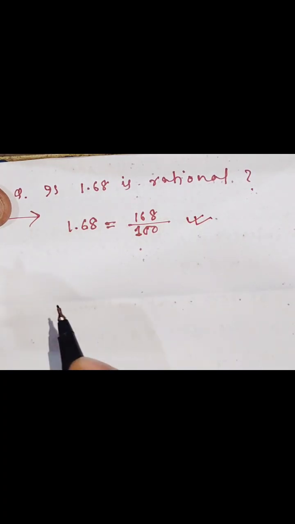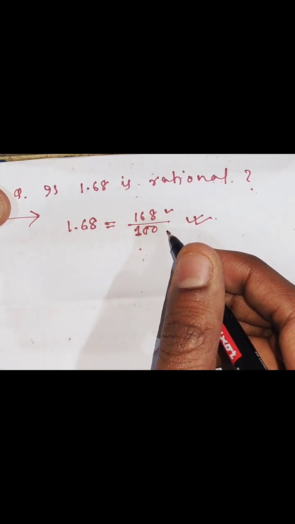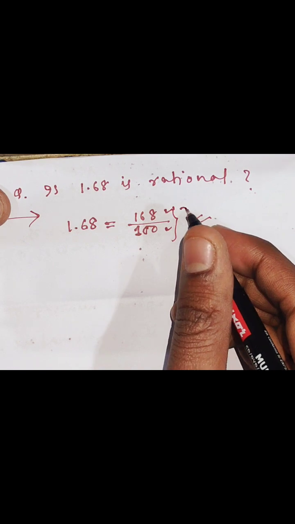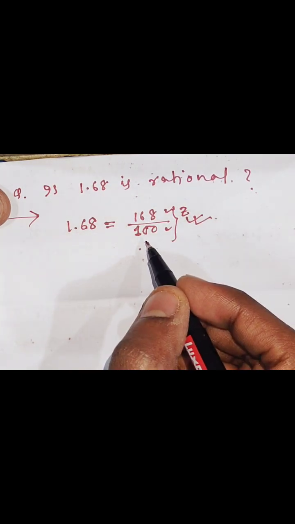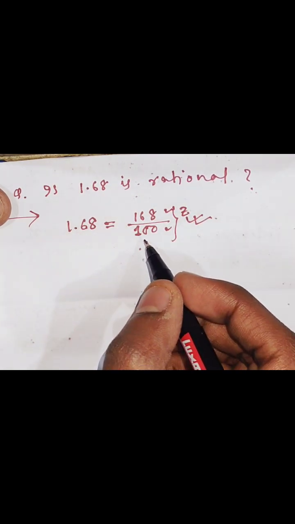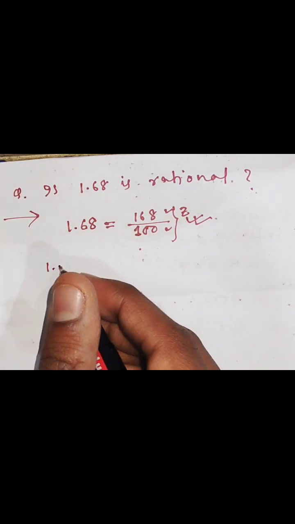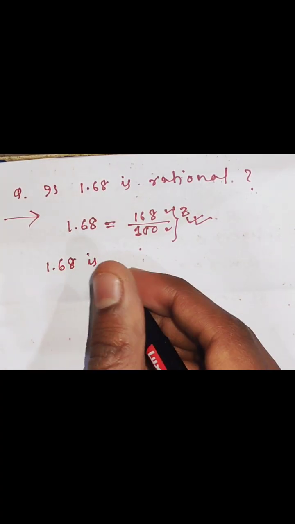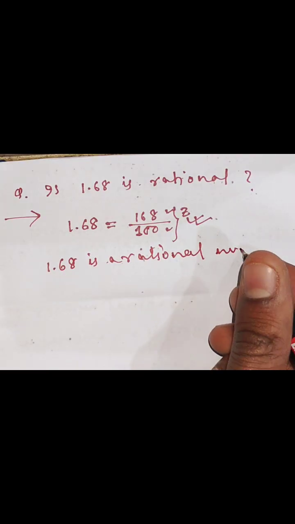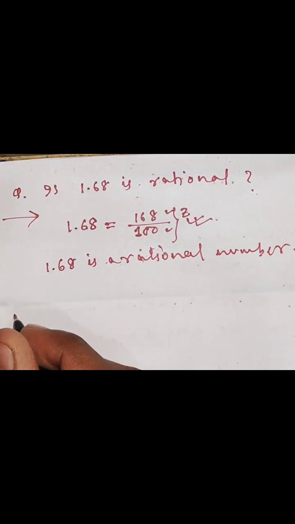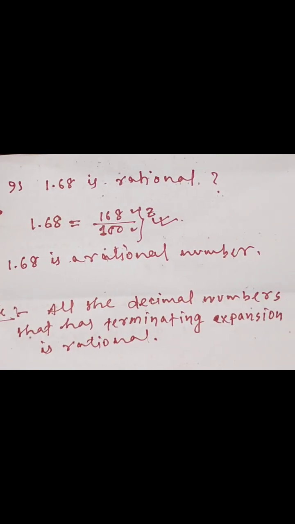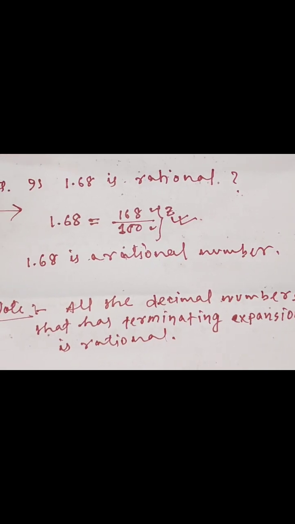Now it's a fraction where both numerator and denominator are integers, that is Z, and the denominator is not 0, the denominator is 100. So we can conclude that 1.68 is a rational number. Note that all decimal numbers that have a terminating expansion are always rational.